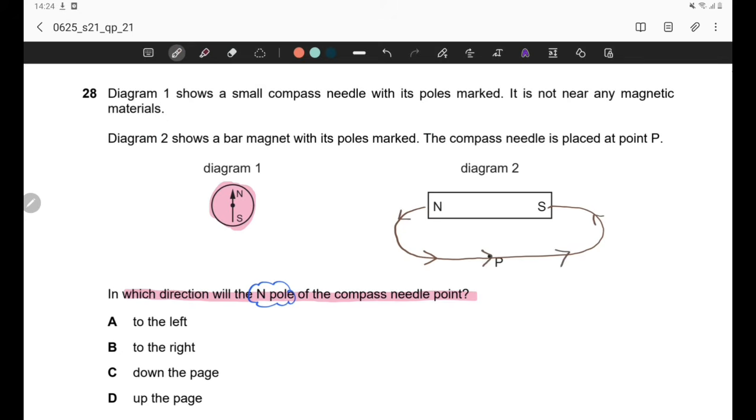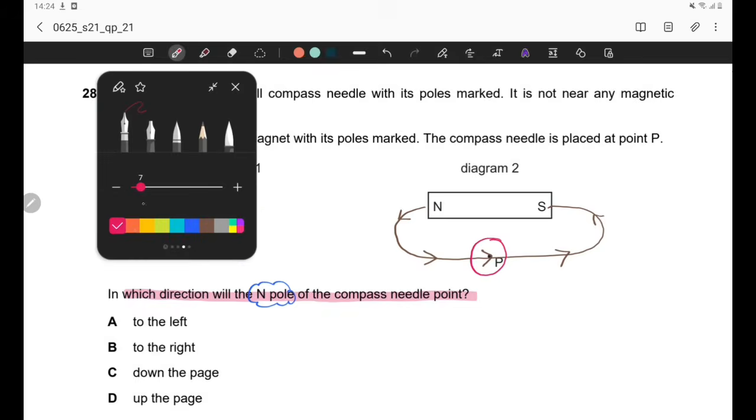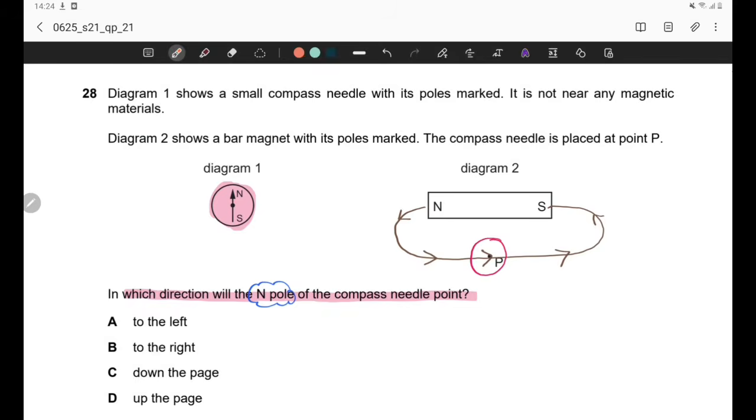Now when we keep this compass here, the north side of this arrow will point in the same direction as the magnetic field line. We can see the magnetic field line at this point is parallel to the bar, and it will definitely point towards the south pole of the bar magnet.